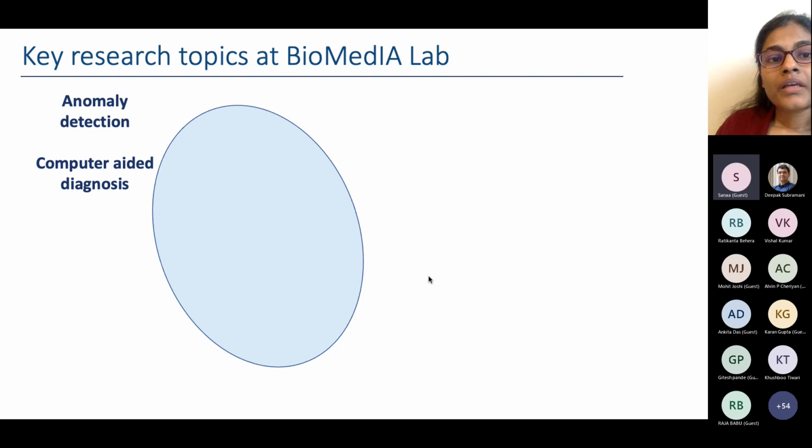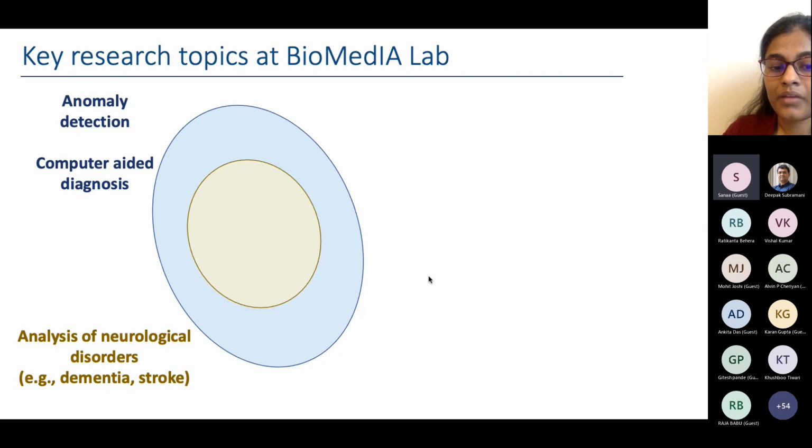So, what are the key research topics at the BioMedIA Lab? We have a lot of exciting projects to work on. The first one is anomaly detection or computer-aided diagnosis, where the main focus will be to detect the disease signs or pathological signs related to the early stage of various diseases, and the main focus will be on neurological disorders.